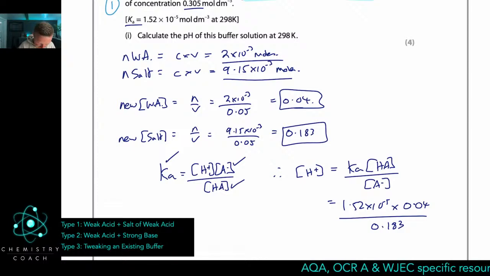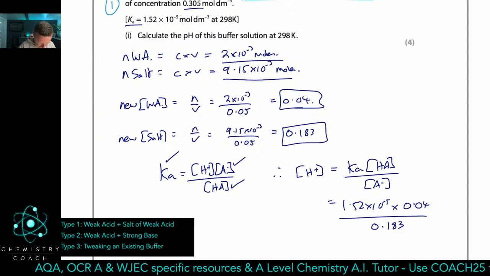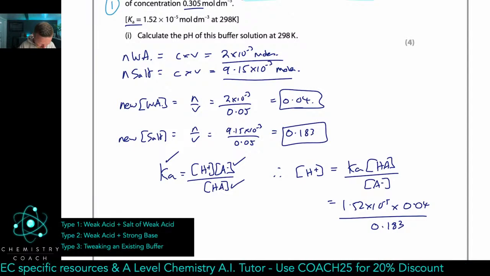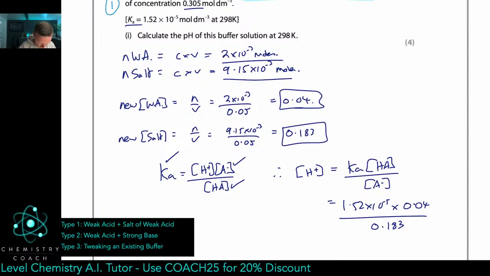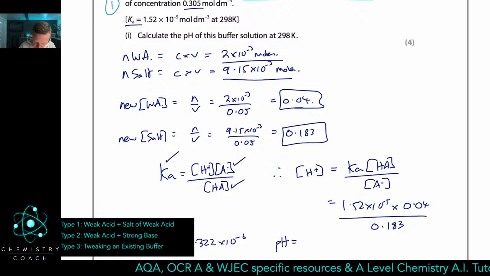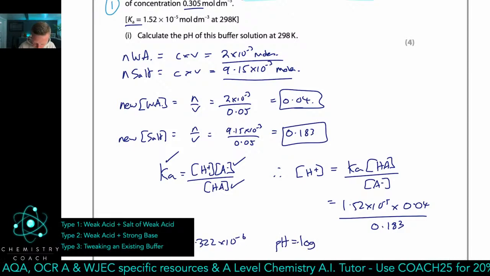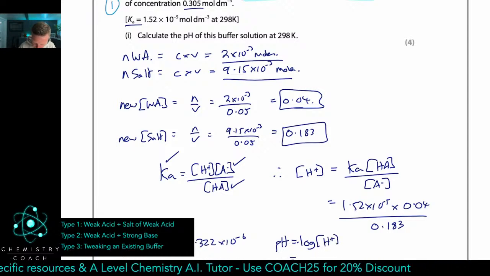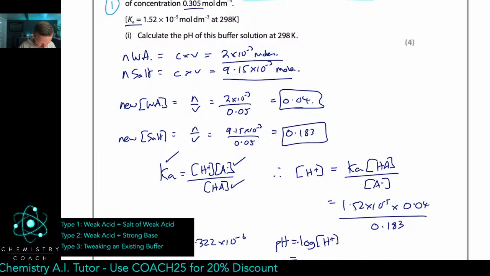So that gives us our hydrogen ion concentration: 3.322 times 10 to the minus 6. And therefore, pH equals the minus log of that answer, and that gives us a pH of 5.48.